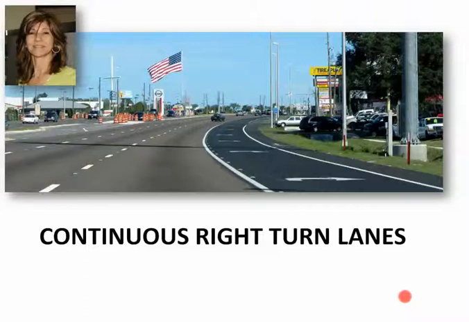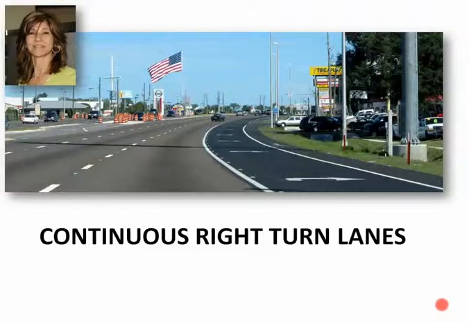All right, we talked about frontage road. Now let's take a close look at the right turn lanes. Even though some of these right turn lanes work similar to frontage road, again, the purpose of these right turn lanes is to get the right turning movement out of the through movement. But again, we have to look at the design of these right turn lanes.